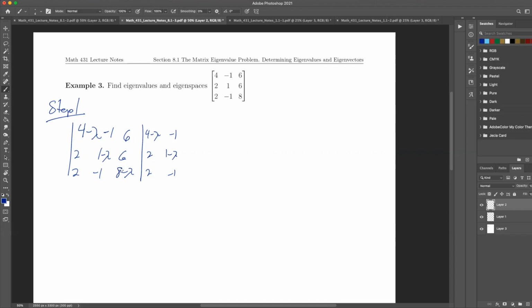And so here you can just multiply the products of the downs. So you multiply this across, this across, this across, and then minus the products of the ups, this across and this across. Have you guys seen this before in order to find a determinant?